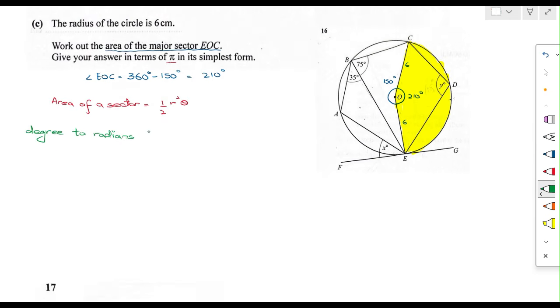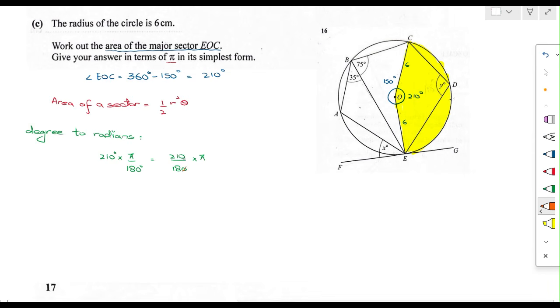All right. Okay, so in order to convert the 210 degree into radian, we need to do 210 degree multiplied by pi over 180 degree. Whenever we convert some degrees into radian, we times that degree with pi by 180. Right, so this is 210 over 180 times pi. Let me simplify.